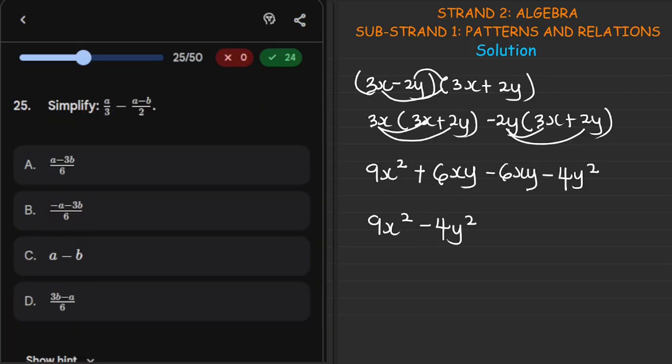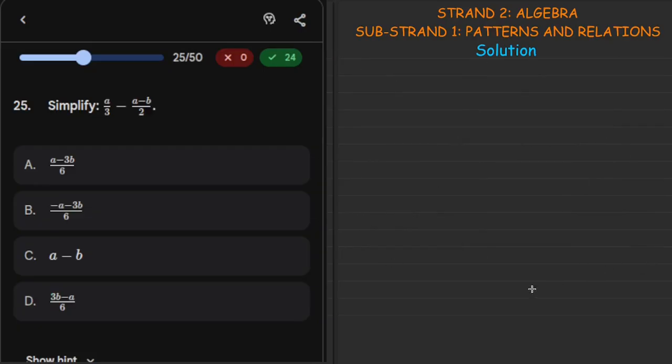Question number 25. Number 25 says we have a over 3 minus a minus b over 2. So with this, we know the LCM of 3 and then 2 is what?